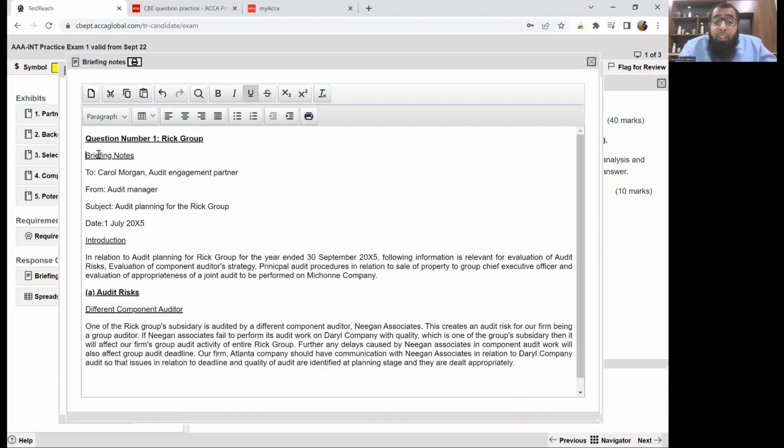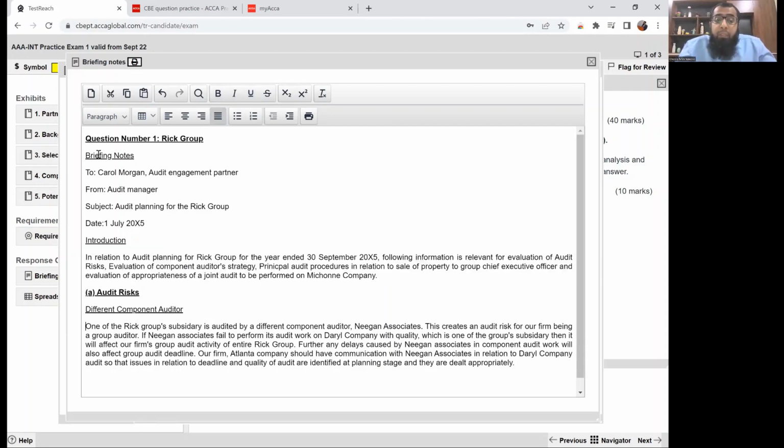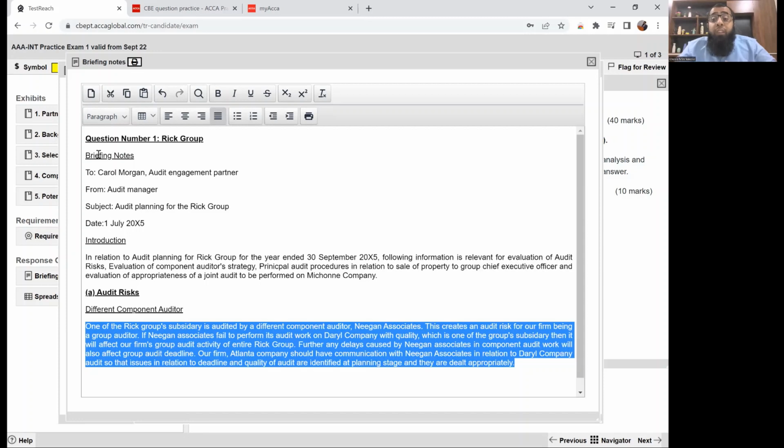We made the format of the briefing notes because in question 1 there are marks for communication. Then we developed the introduction, which was just a simple trick: just change the name of the group and relate the requirements. Then we wrote the first audit risk, which was different component auditor.